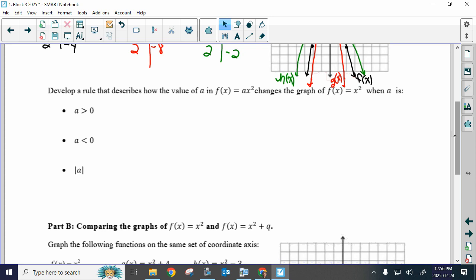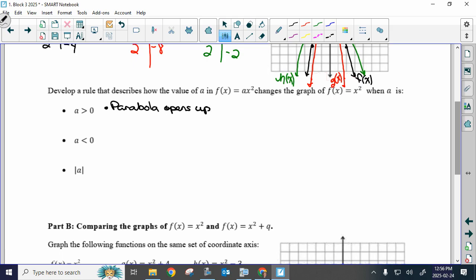So what does the parameter do? If A is greater than 0, so if you have a number attached by multiplication to the front of the x squared, like a coefficient, if A is greater than 0, the parabola opens up and has a minimum vertex.